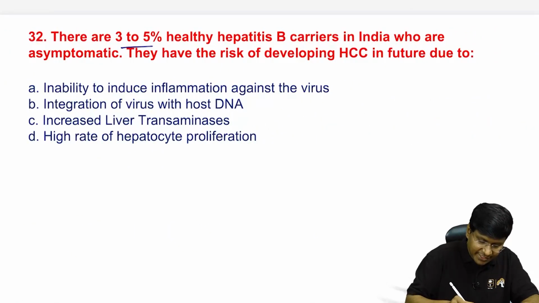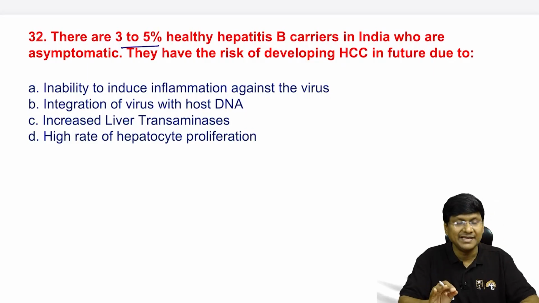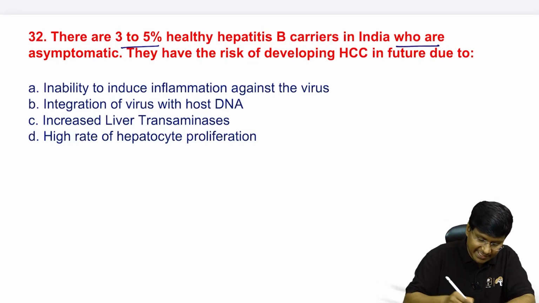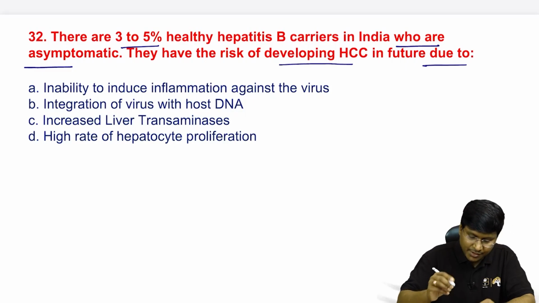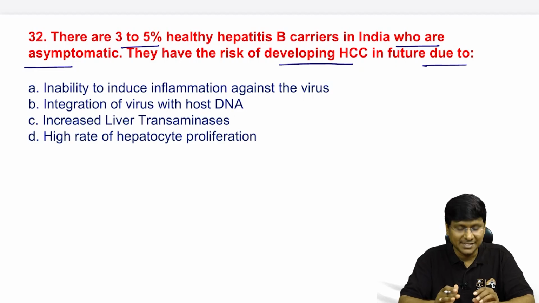There are 3 to 5% of healthy hepatitis B carriers in India who are asymptomatic. They have the risk of developing hepatocellular carcinoma in future due to, the options are, inability to induce inflammation against the virus, integration of the virus with the host DNA, increased liver transaminases, and high rate of hepatocyte proliferation.